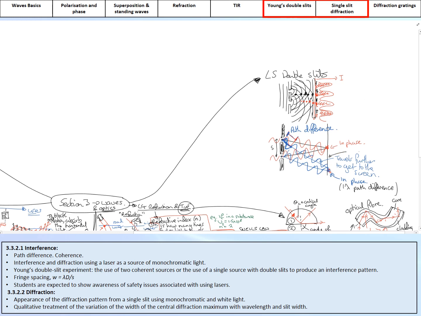And the point here, where there's nothing, so that's a dark fringe, there must be half a wavelength path difference. Because if they start off in phase, and then one travels half a wavelength longer, then the bottom wave is going up while this wave is going down, and you'll get complete cancellation. So that's what's going on.